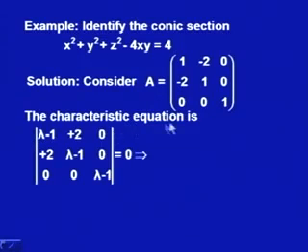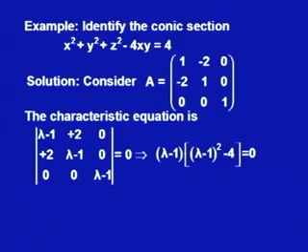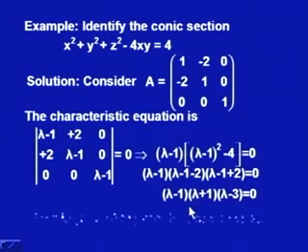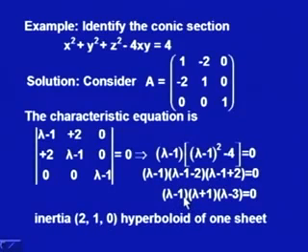For this, we consider the characteristic equation as this, and it simplifies to lambda minus 1 multiplied by lambda minus 1 square minus 4, and further simplification will give lambda minus 1 minus 2 and lambda minus 1 plus 2. So the eigenvalues are 1, minus 1 and 3.